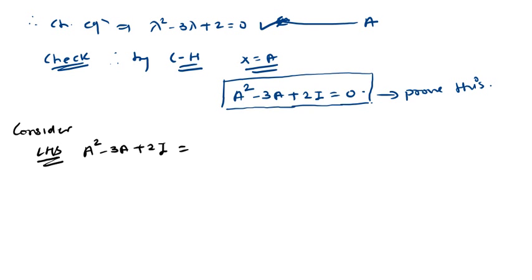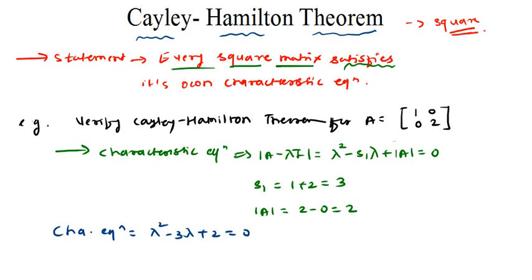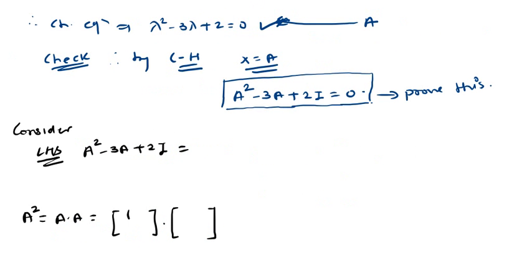A square means A into A. So firstly calculate this value, matrix A into matrix A. What is our matrix A? [1 0; 0 2] into A again, [1 0; 0 2].